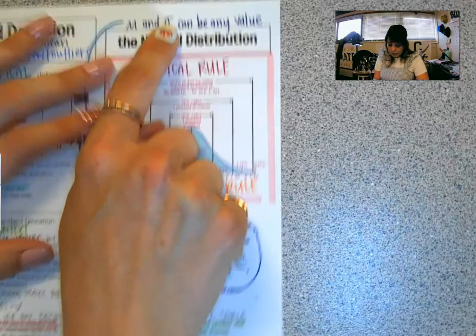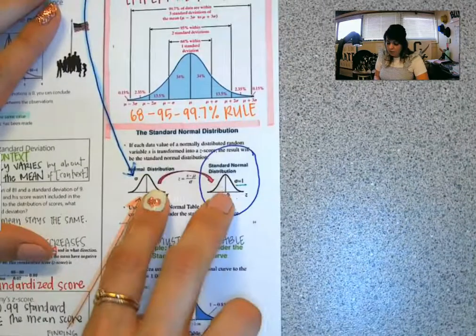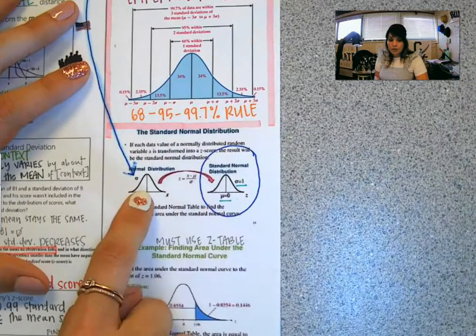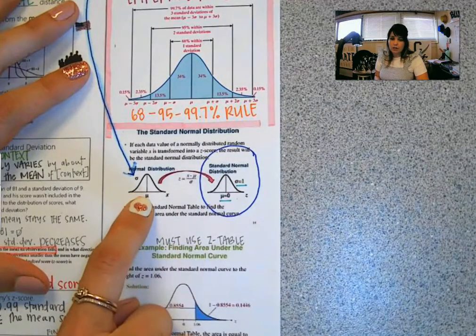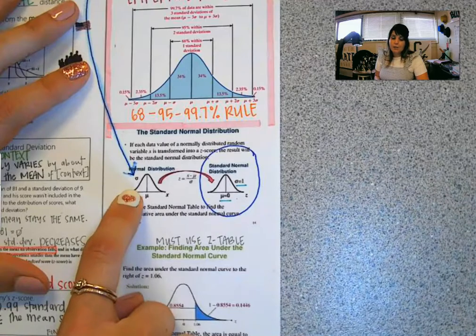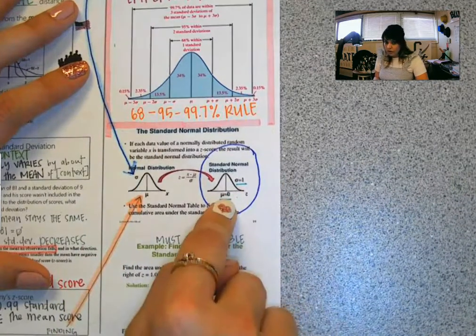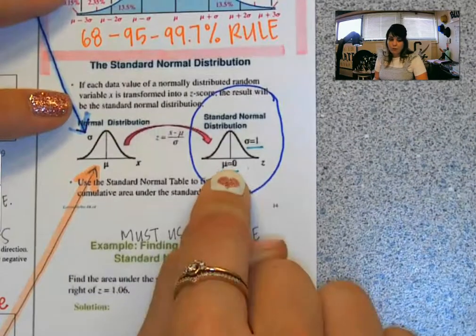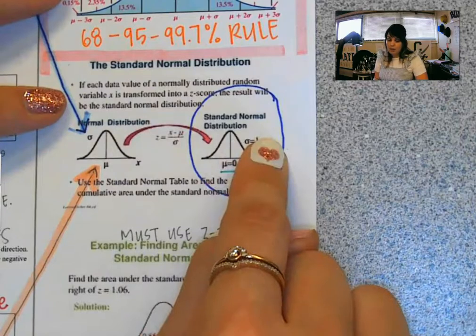Any value. So down here, we're comparing two normal distributions. Notice on the normal distribution, mu and sigma can be any value. On the standard normal distribution, mu can only be 0 and sigma can only be 1.